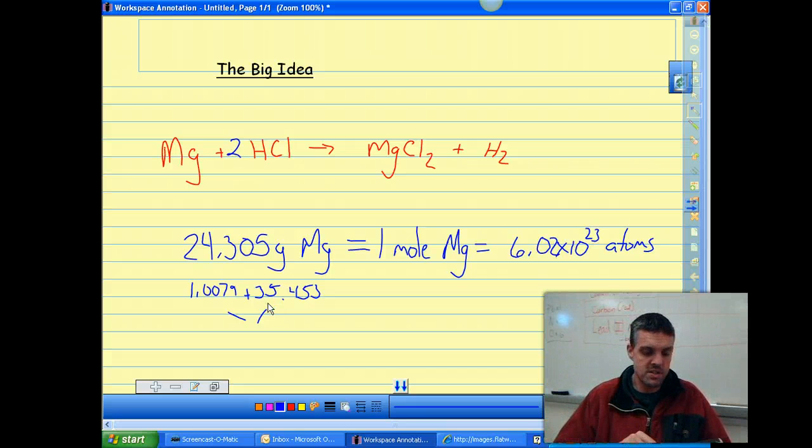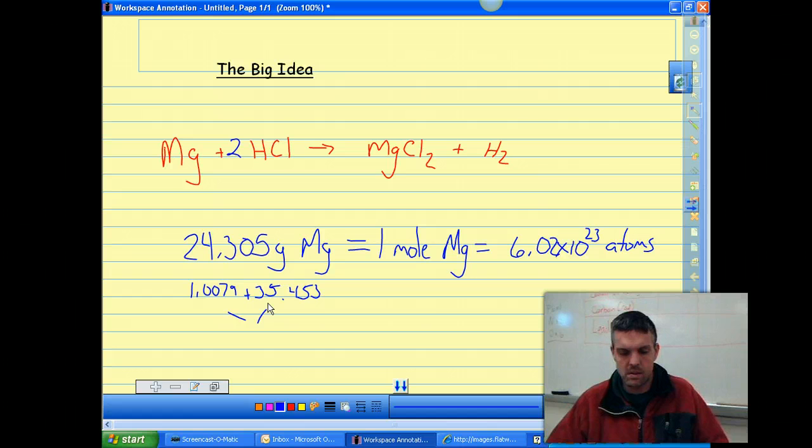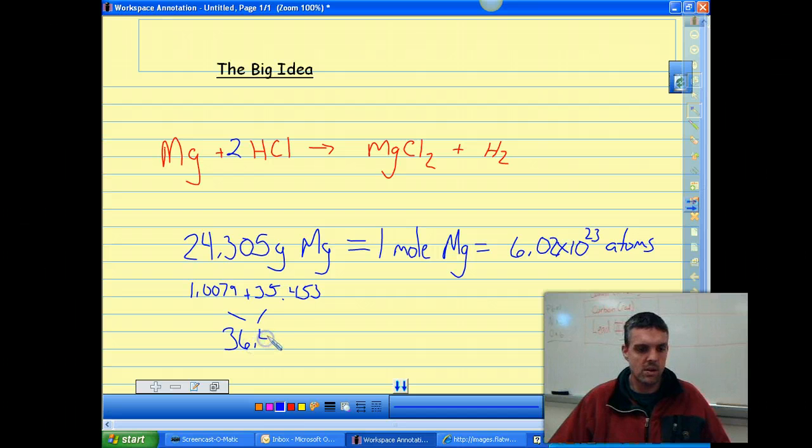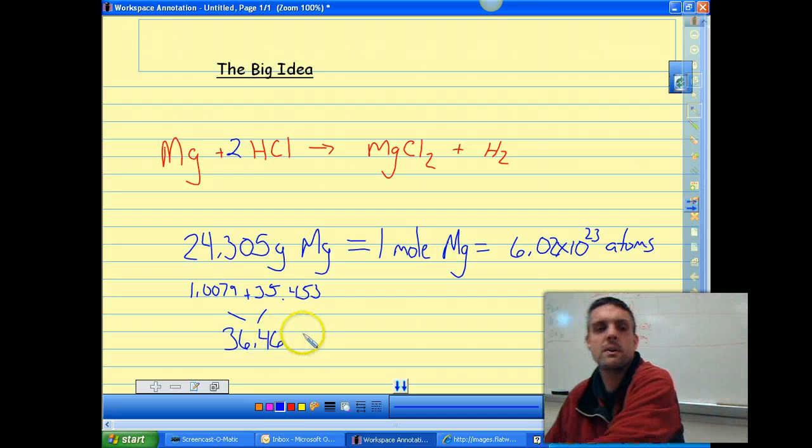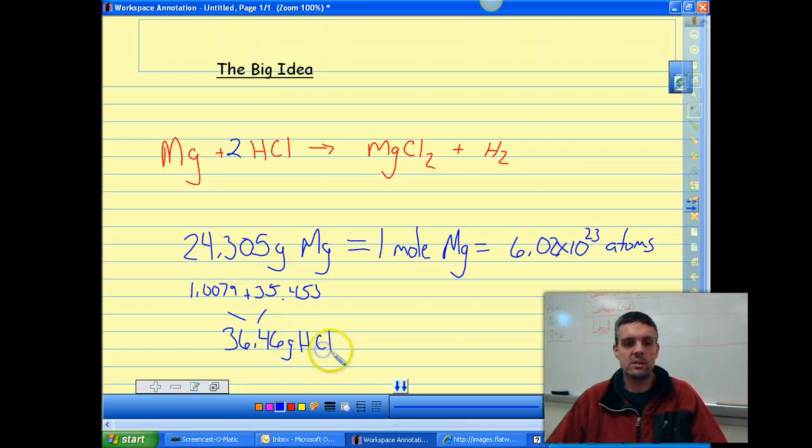When I add those up, give me a second. I should just say 36.5, but we get 36.46 grams HCl, and that equals 1 mole of HCl, and that equals 6.02 times 10 to the 23rd, but not atoms, but molecules of HCl.